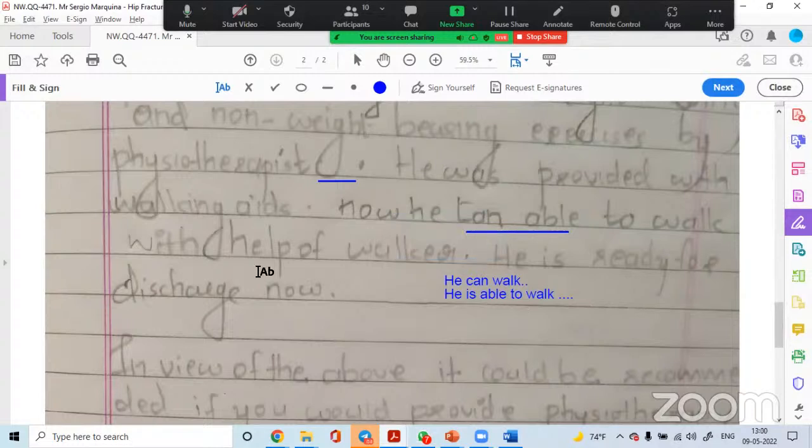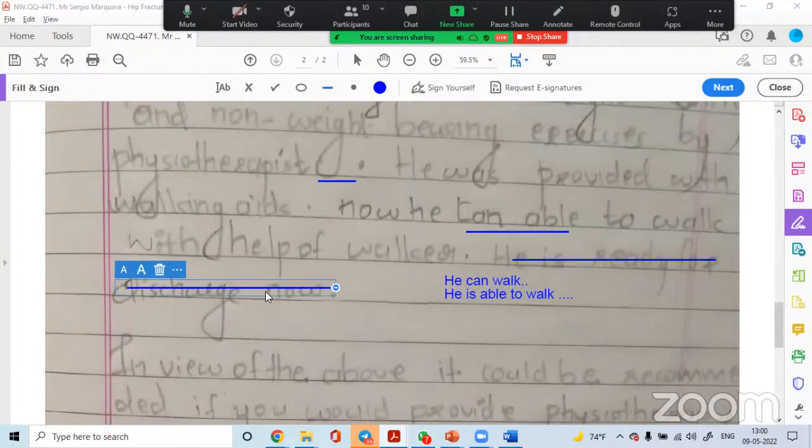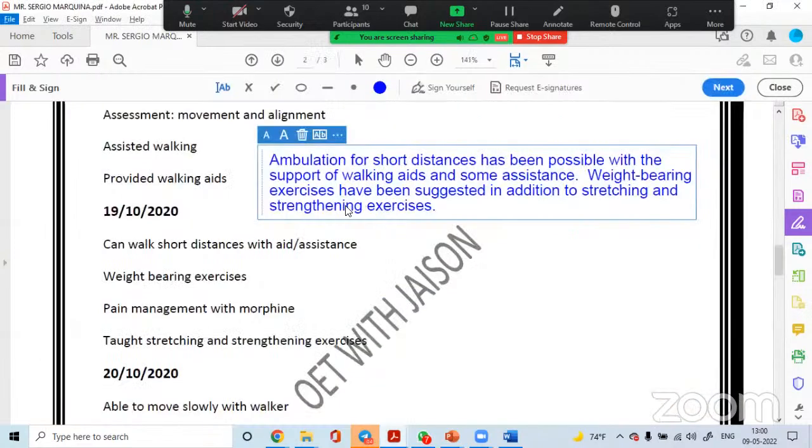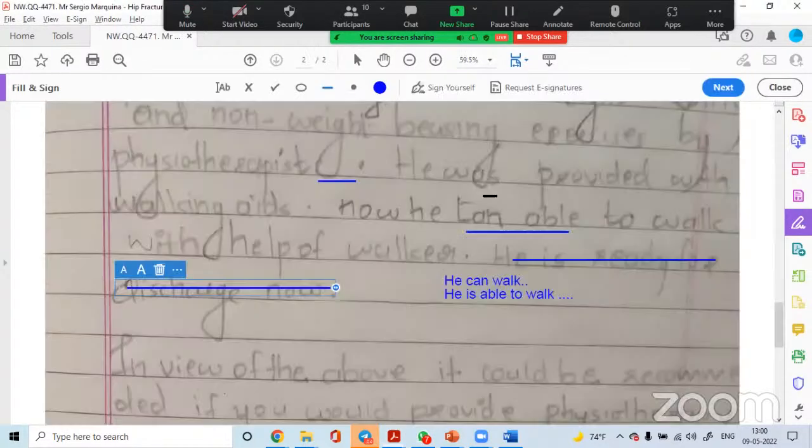Right. He is ready for discharge now. Already you have written. Why are you repeating? Ready for discharge now or tomorrow? You are confusing me. If I don't read the case notes, I'll get confused. This one will copy. Control C. Okay, we'll write here.